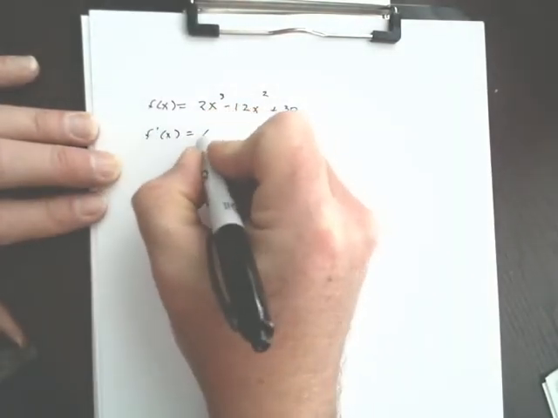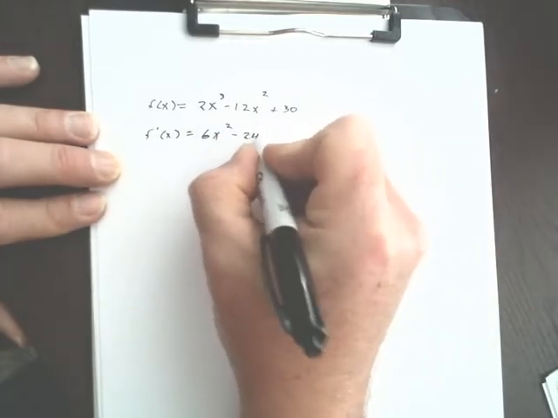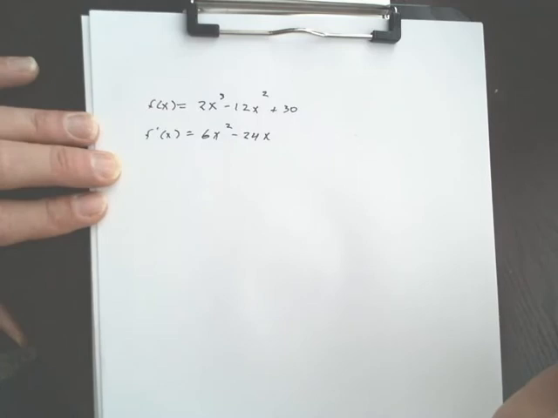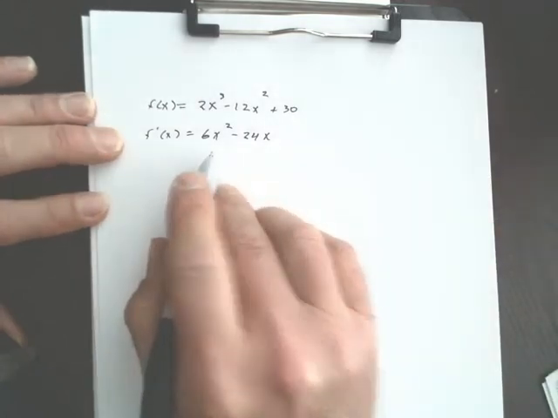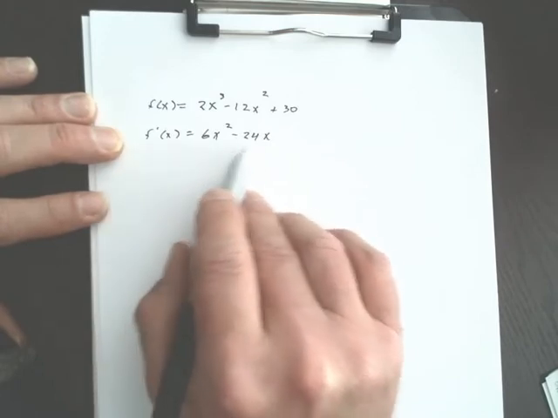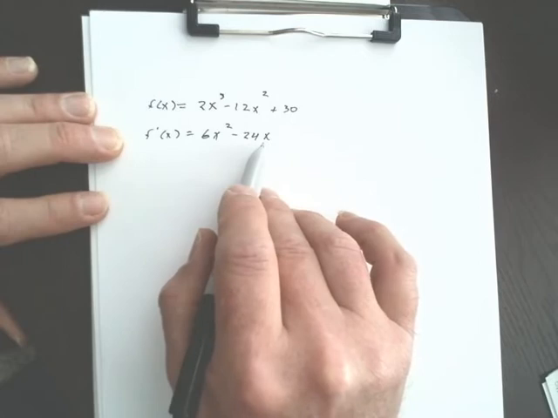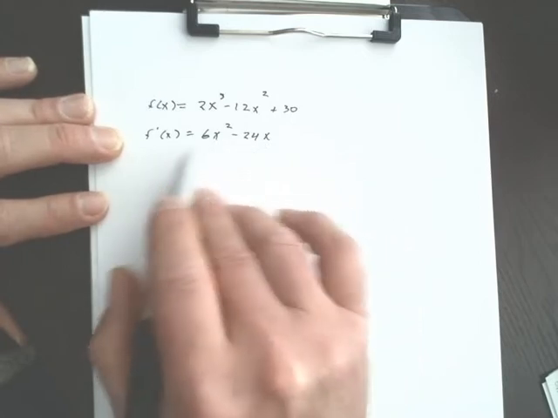So f prime of x equals 6x squared minus 24x. Okay, that's the first derivative. Now we can see that first derivative, that slope of that function, changes depending on the value of x. Now, why is that important?